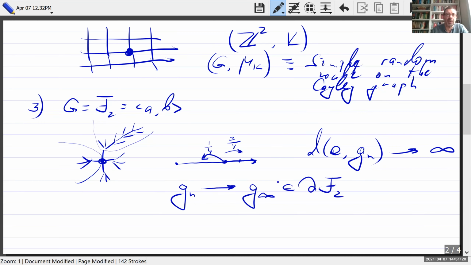So here we have non-trivial behavior at infinity. And this is a very important qualitative invariant of the random walk, which is related to the notion of the Poisson boundary.